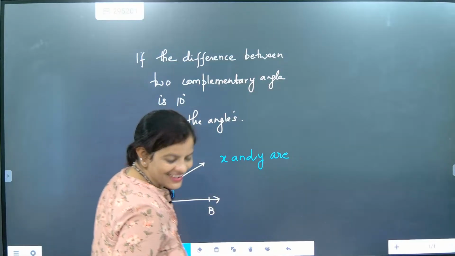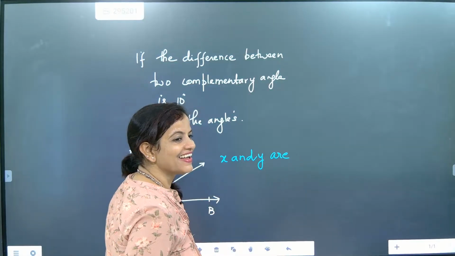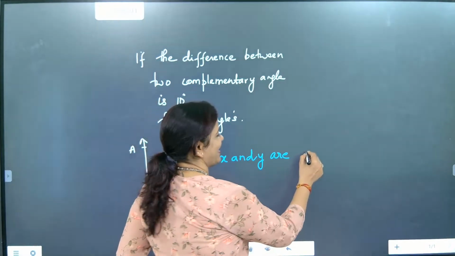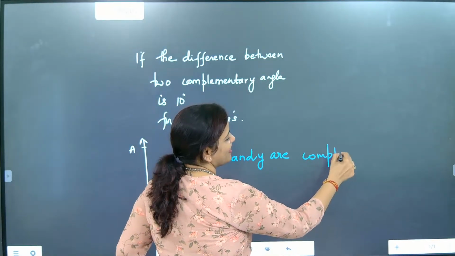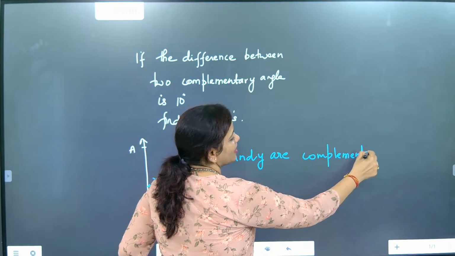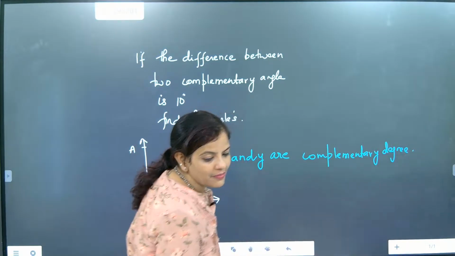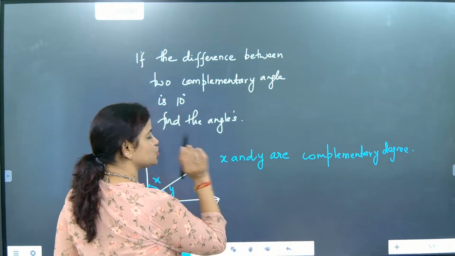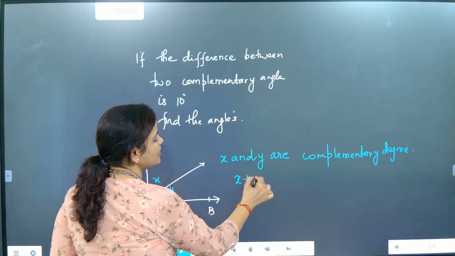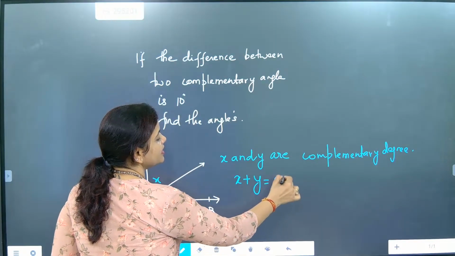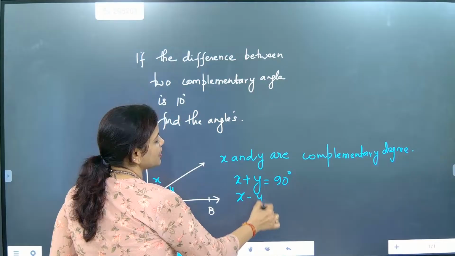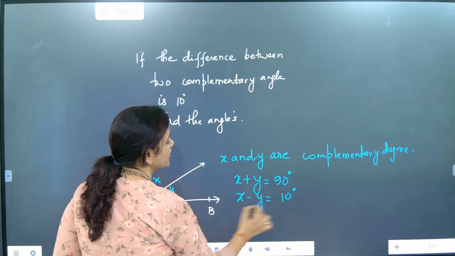X and Y are what degree, beta? Complementary degree. So X plus Y will be equal to how much? 90 degree. But they are telling the difference between the complementary angles is 10 degree.